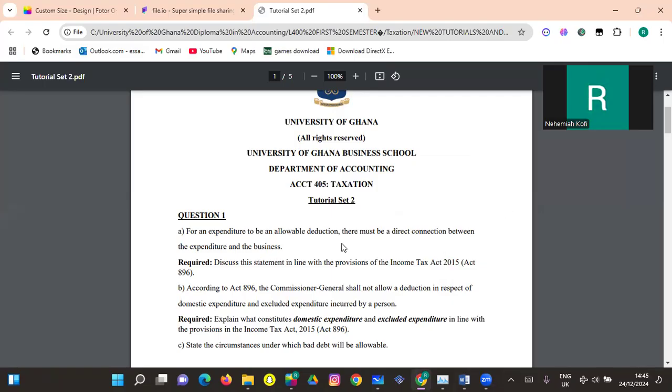To begin with question 1 on taxation tutorial set 2. Question 1 says that for an expenditure to be an allowable deduction, there must be a direct connection between the expenditure and the business. Let's attribute this to pregnancy.